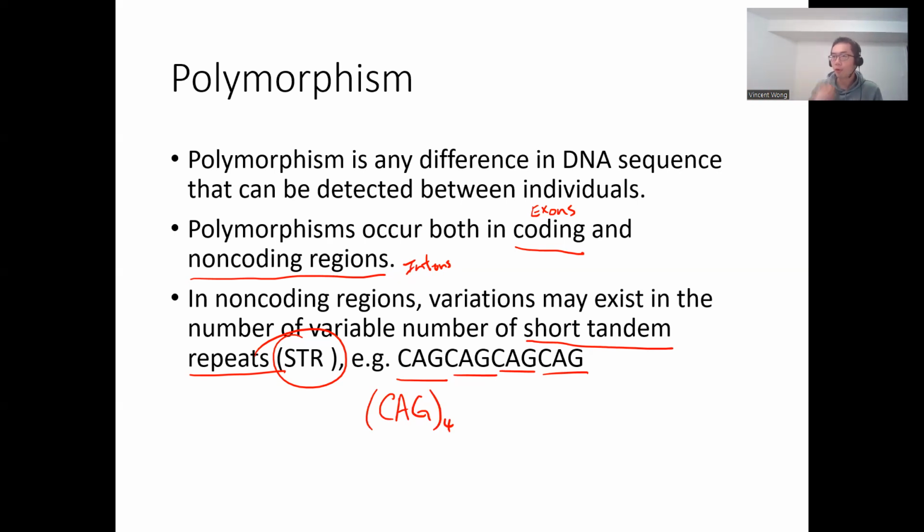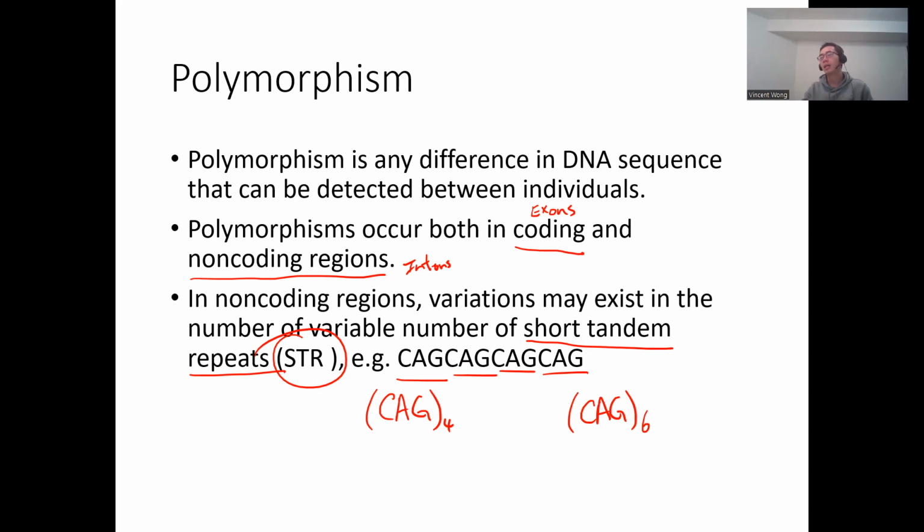Okay. So for me, I might have this STR on chromosome 17, and it's repeated 4 times. If I look at the exact same location on your DNA, chromosome 17, and I look for the CAG, since we're not related, the number of repeats is likely to be different. People who are related tend to have the same kind of repeats. So if I'm repeated 4 times, maybe on yours it's repeated 6 times.